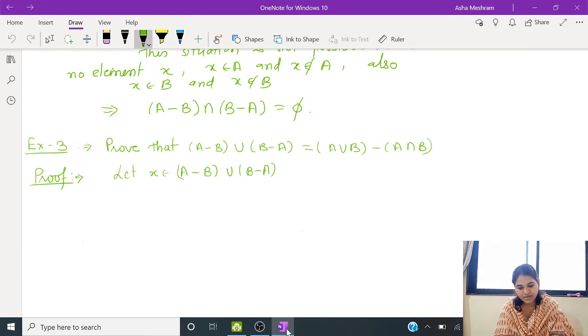So we have to show these two sets are equal by showing that they are subsets of each other, or we can prove both steps in parallel.